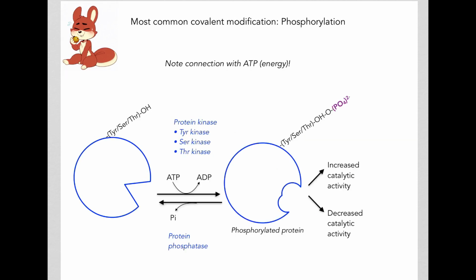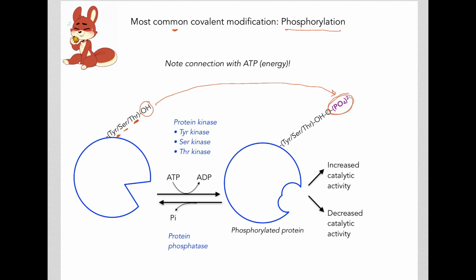The most common covalent modification, and the one we will focus on in this video, is phosphorylation, where the hydroxyl group present in the enzyme is modified. Remember, enzymes are proteins, so hydroxyl groups could be found in threonine, serine, or tyrosine amino acid side chains. These hydroxyl groups are covalently modified by attaching one or more phosphates.